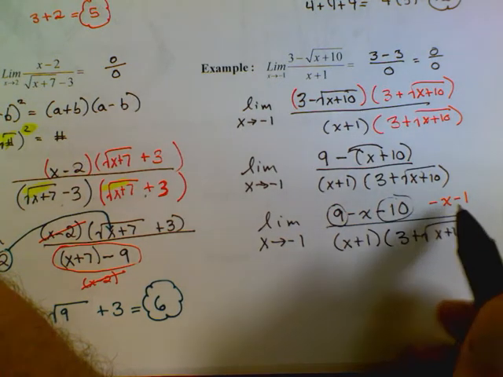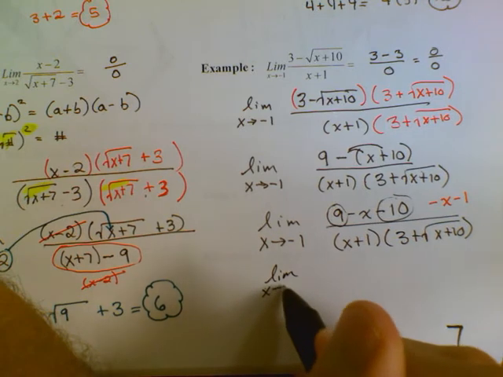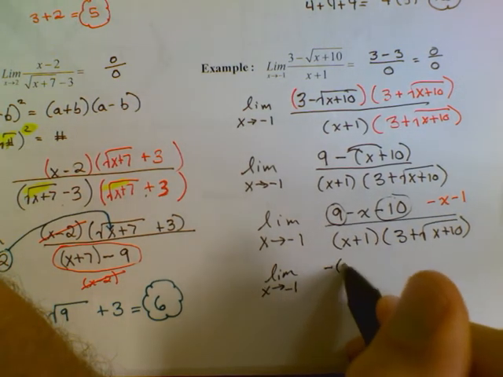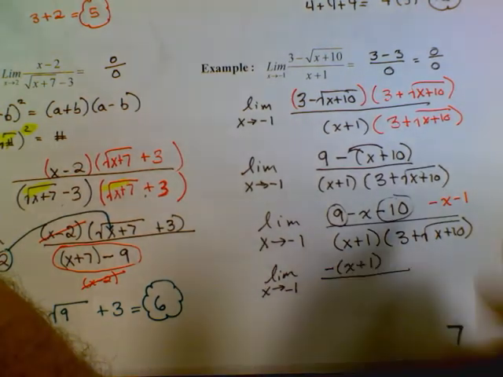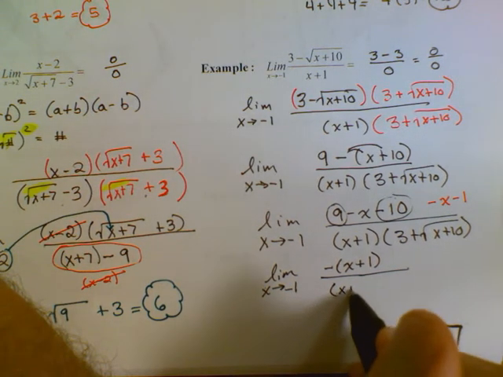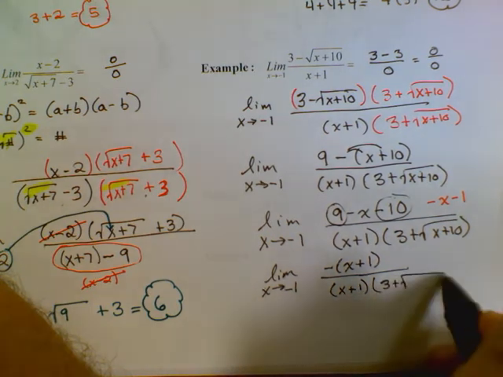Now negative x minus 1, I could factor out a negative. If I had more paper, maybe I'd show a little bit more work. But I took that negative out, and now I have x plus 1 exactly on top, and x plus 1 exactly on bottom.